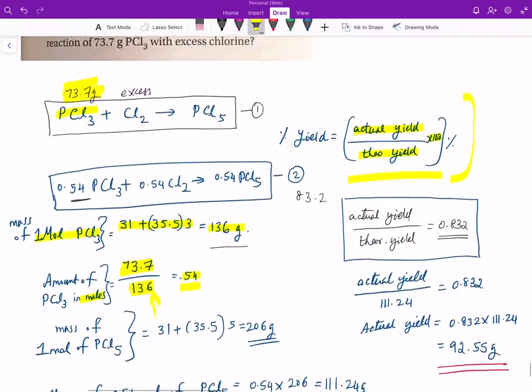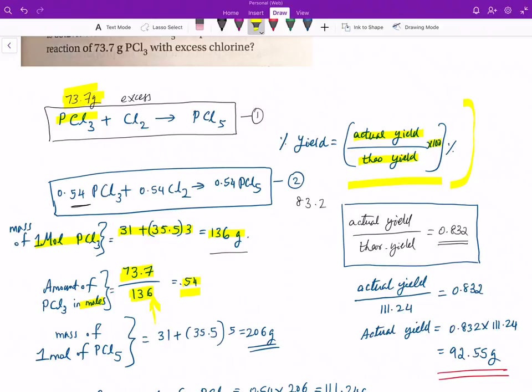All right, so now let's write another equation. In that equation, let's also write down the amount of moles available for the reaction. So the amount of mole available for PCl3 is 0.54. We know that, we just calculated it.